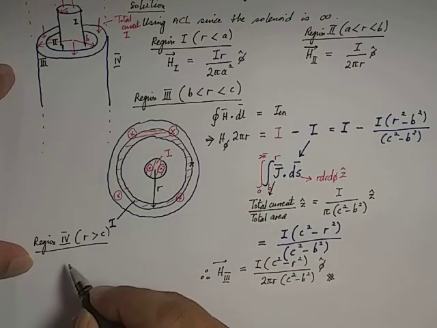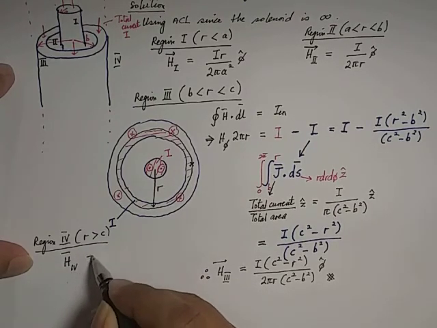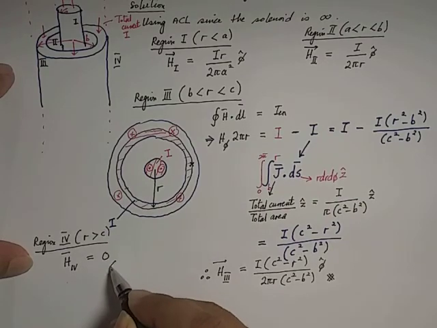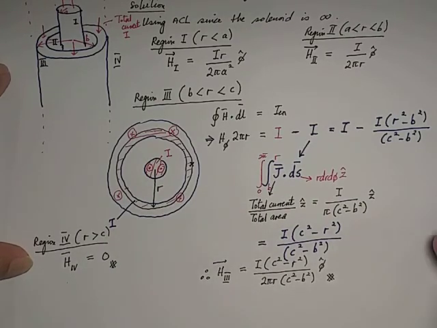So therefore, for region number 4, we state H equal to 0 ampere per meter.